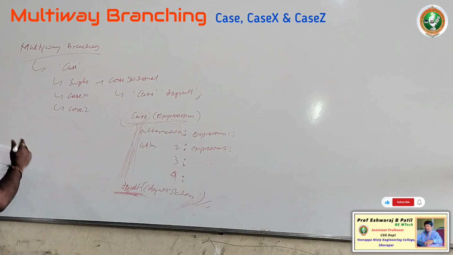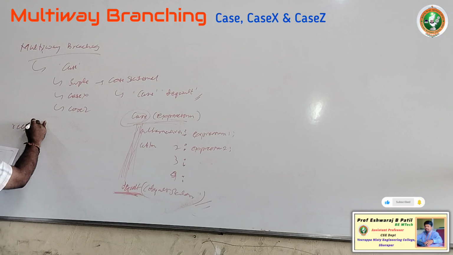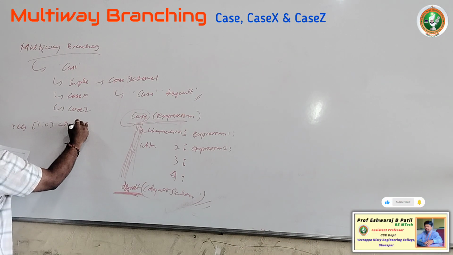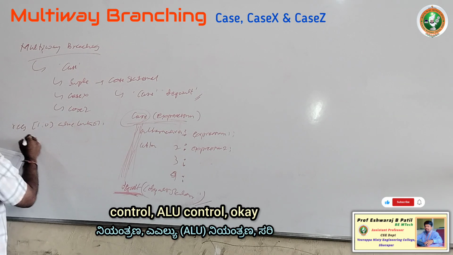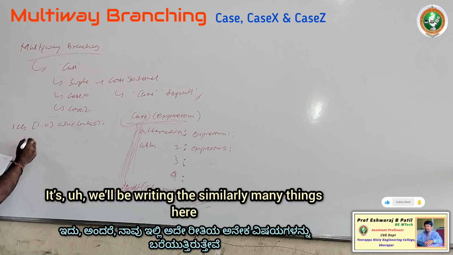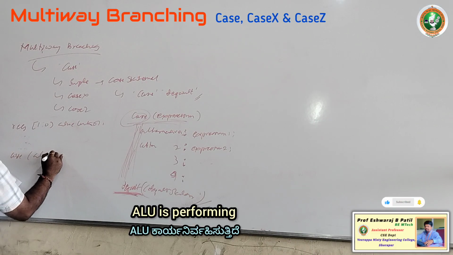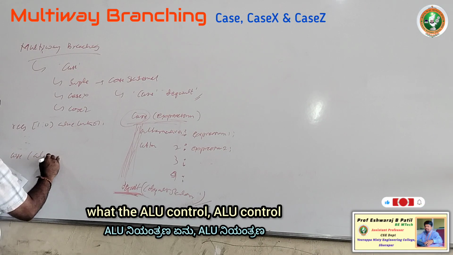For example, range of 1:0, ALU control. We'll be writing similar things here. Case ALU is performing the ALU control.